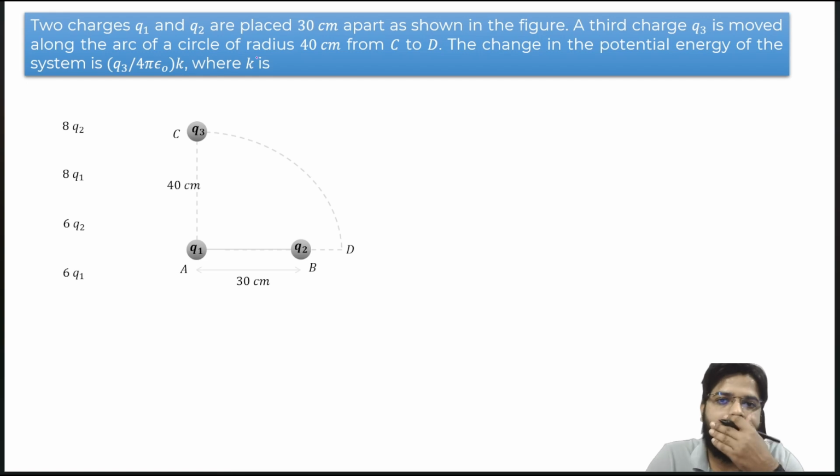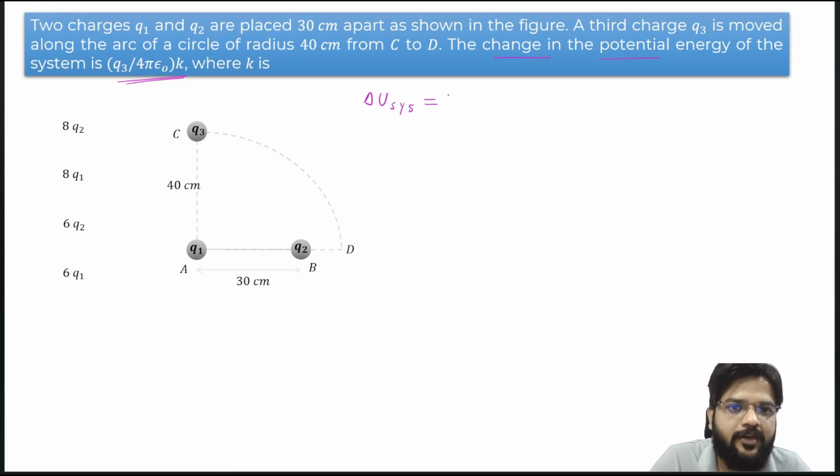So the change in potential energy of the system can be written as the final potential energy of the system minus the initial potential energy of the system, correct?